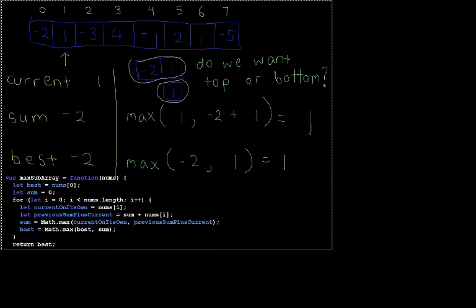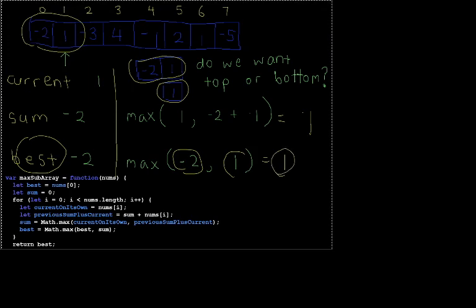That's basically where we are right here. Obviously the best solution for the sum, between the value 1 or -2 plus 1, you prefer 1. The same thing you do here for the best: you consider whether you prefer -2 or 1, and of course you prefer 1.